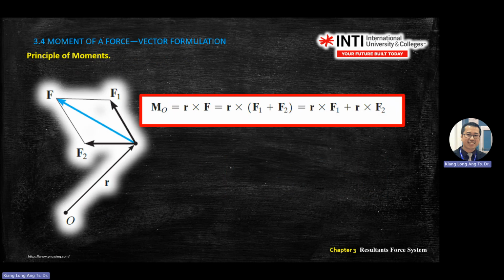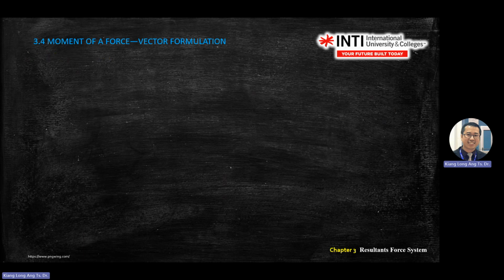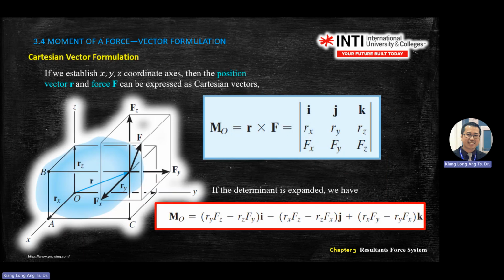Okay, principle of moment. This one is the same. The J component will always be negative, right? It depends. Yeah, it depends. It's just that when you expand it, usually you will get negative because you are taking something cross something. You are taking K cross I. You'll get negative bracket something, but you might get positive.